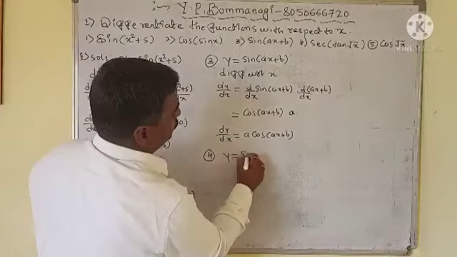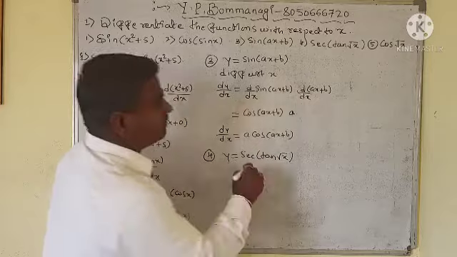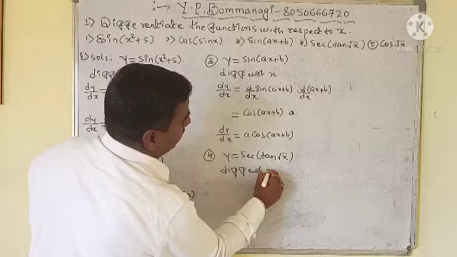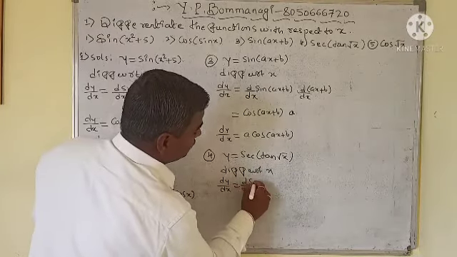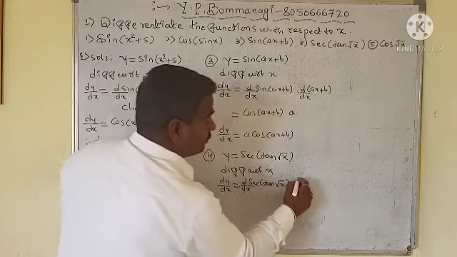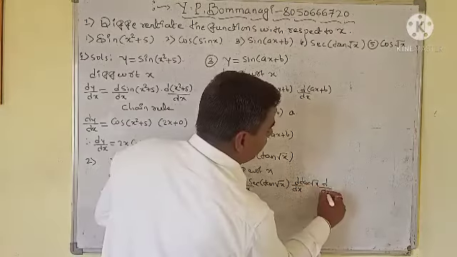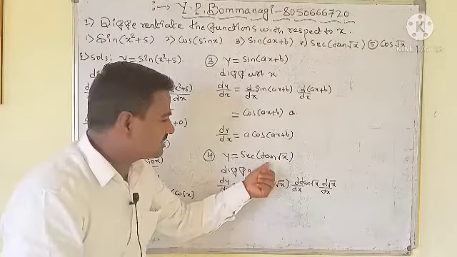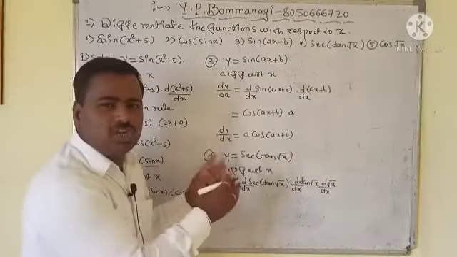The fourth one is also like that. y is equal to sec of tan of root x. So many functions are there. Differentiation with respect to x: dy by dx is first the differentiation of sec of tan root x, then the differentiation of tan root x, then the differentiation of root x, by the chain rule. So first the differentiation of sec theta, the differentiation of tan theta, the differentiation of root x, each individually.